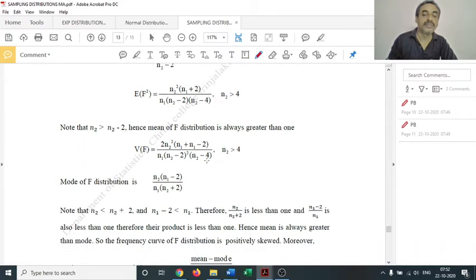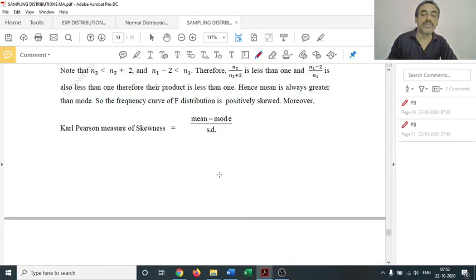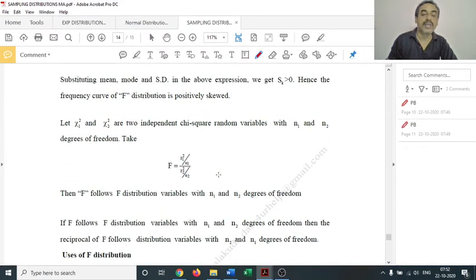The mode is n2 into (n1 minus 2) by n1 into (n2 plus 2). We can note that the mean is always greater than the mode in this case, and therefore the frequency curve of F distribution is positively skewed.